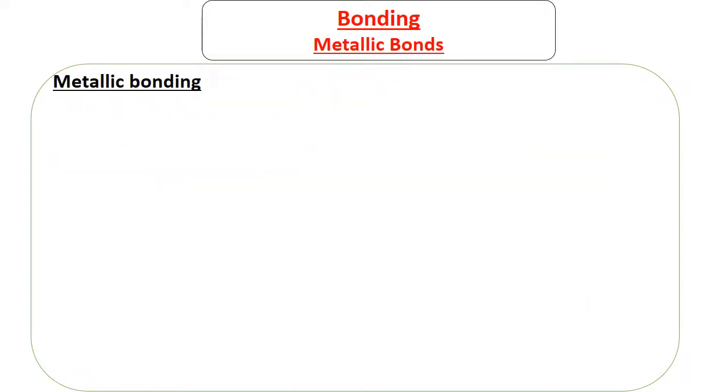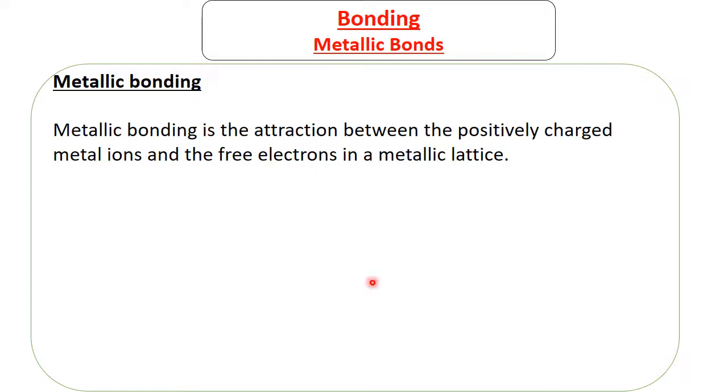We finish up the discussion with metallic bonding. So what is metallic bonding? This is the third type of bonding, and metallic bonding is the attraction between the positively charged metal ions and the free electrons in a metal lattice. A lattice is a structure.